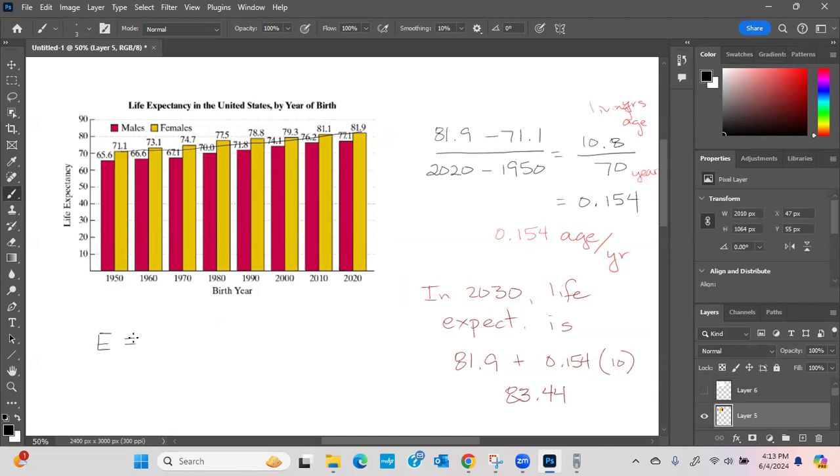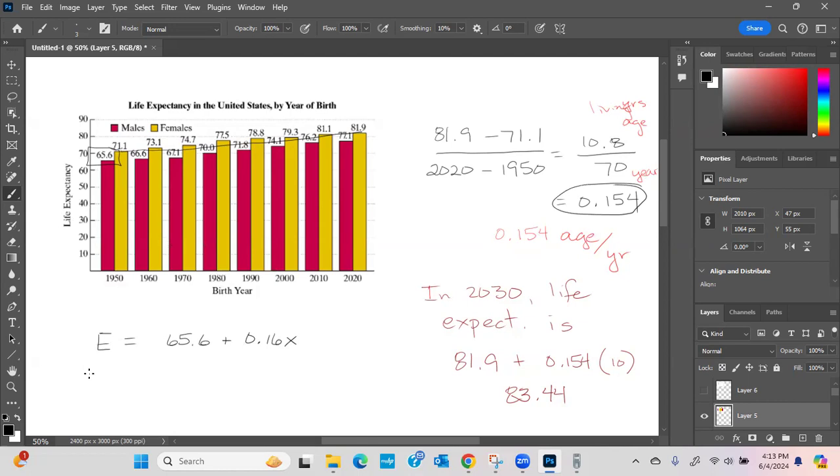And there, life expectancy is 65.6, notice that's where they started, plus 0.16x. And the 0.16 is really close to this 0.15 we got for the females. So the life expectancy of males is increasing 0.16 every year.